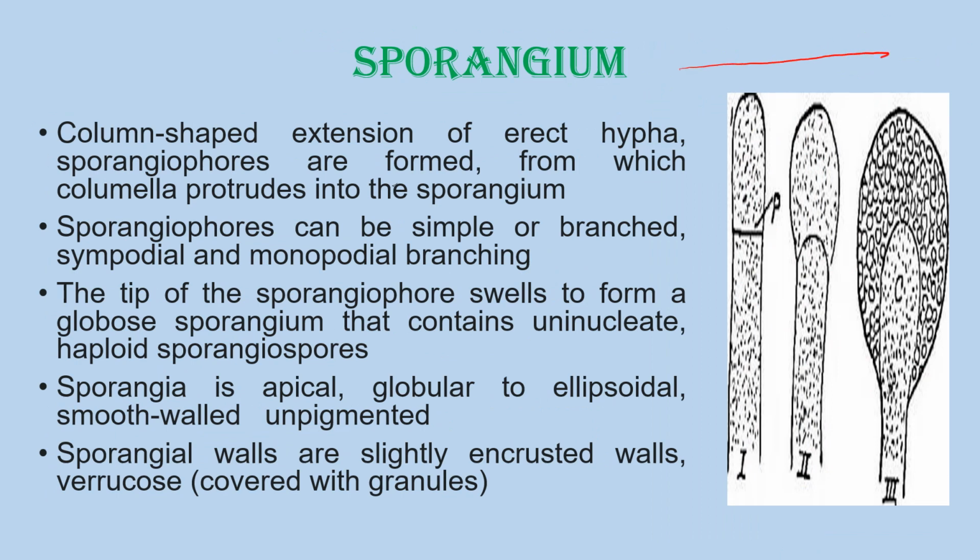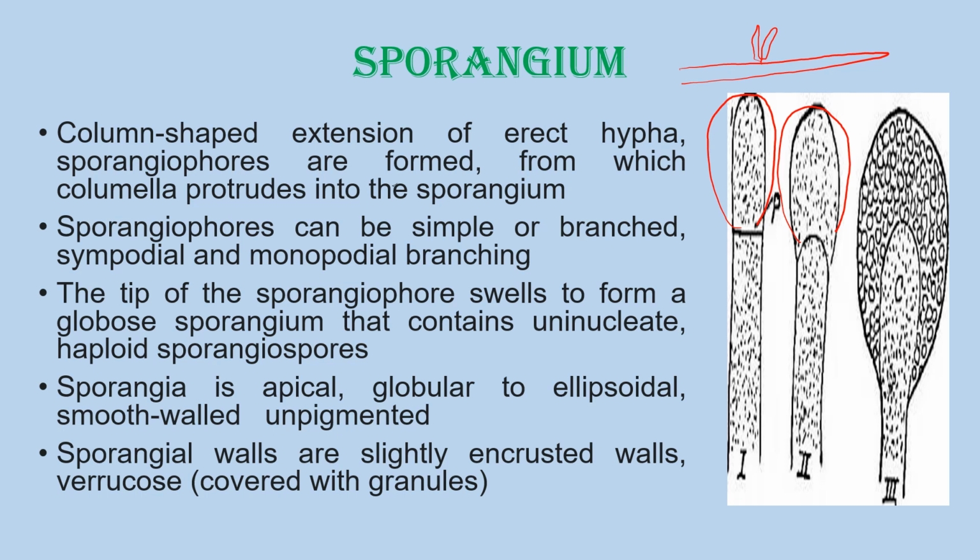When there is an aerial mycelium, erect hypha, the sporangiophore, arises. The tip of this sporangiophore swells and accumulates a high amount of nuclei and all the reserve stored matter.